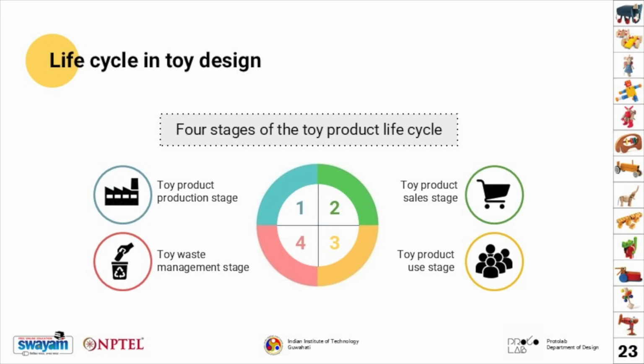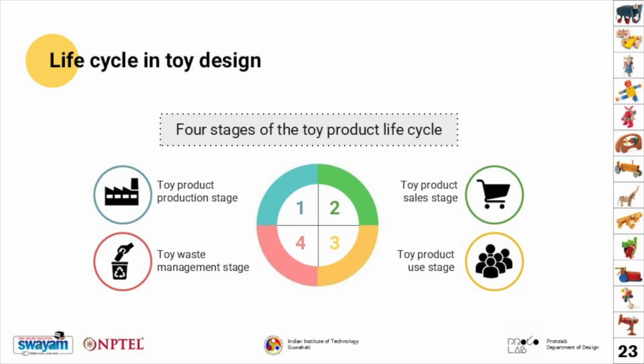Sustainable design at this stage emphasizes material reduction, use of recyclable or biodegradable materials, and energy efficient manufacturing processes. Design decisions made here determine much of the toy's overall environmental footprint.